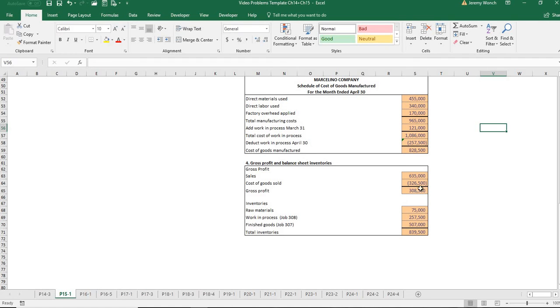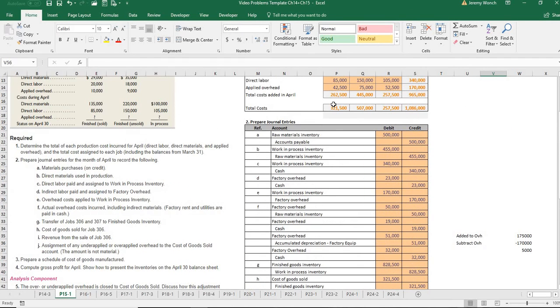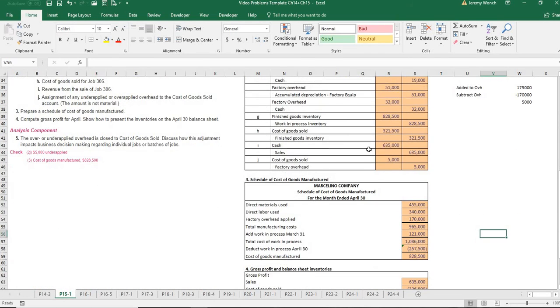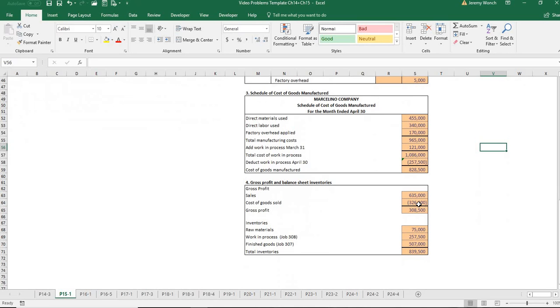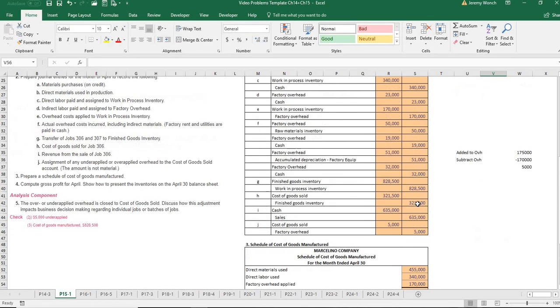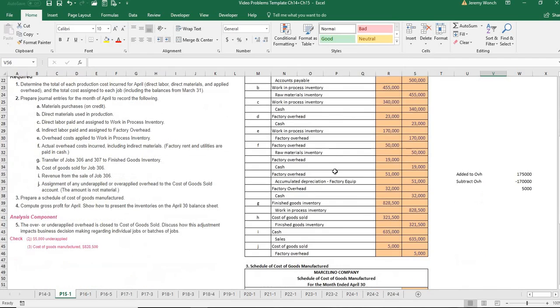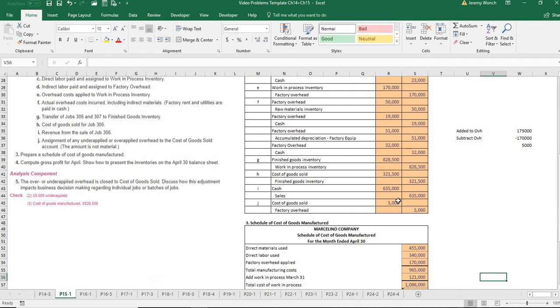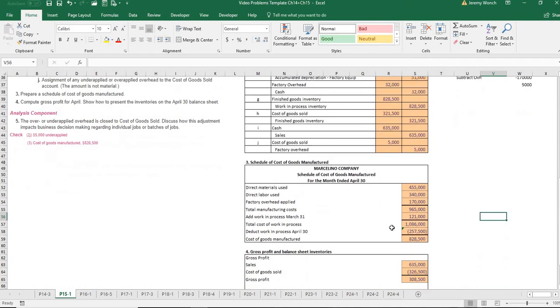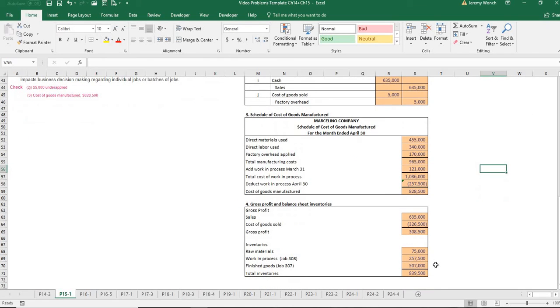It cost us 326,000. Oh, that's right. So that is going to be our total cost of the job, which is the 321, plus that extra $5,000 that we had to add in over here. That gives us 326,000. So it gives us a gross profit of 308,500.